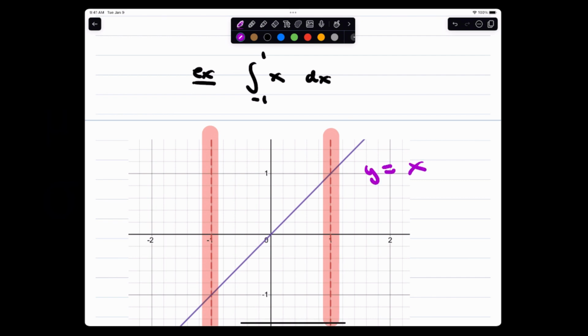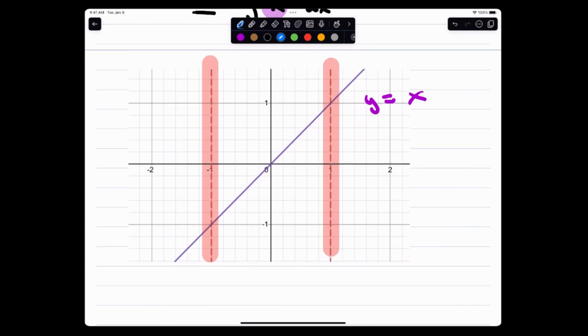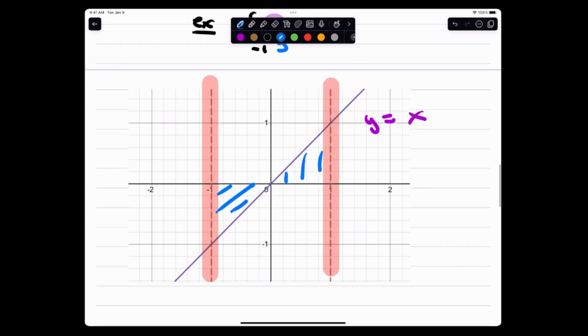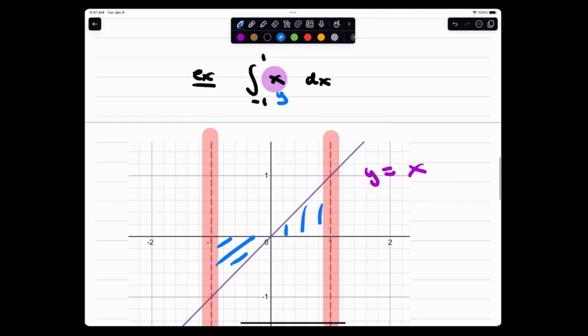Y is x, right in here. So this is your y function. And then, if you said, you're really having me get the what? This area, right? And it's really the net area. We're going to talk about that.